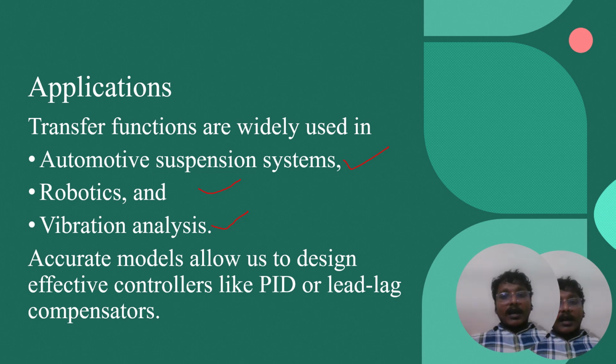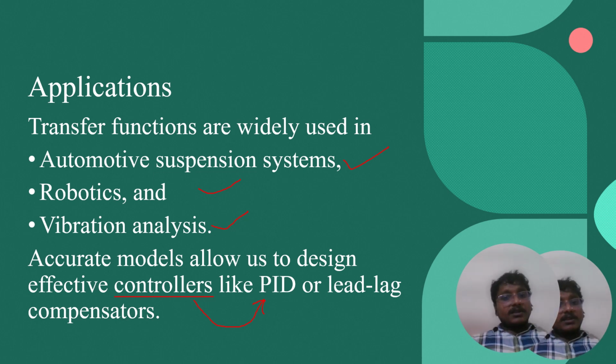Accurate models allow us to design effective controllers like PID and lead-lag compensators. We already discussed the controllers and the types of compensators. If we have a 1 plus term and need to reduce it, we subtract something so that it equals 0, meaning the error becomes 0.